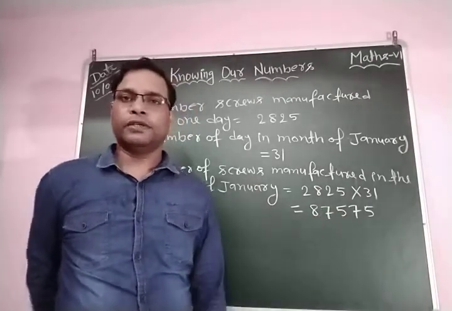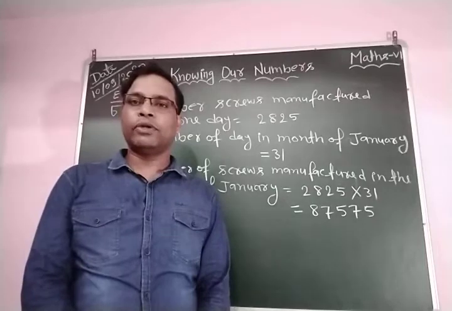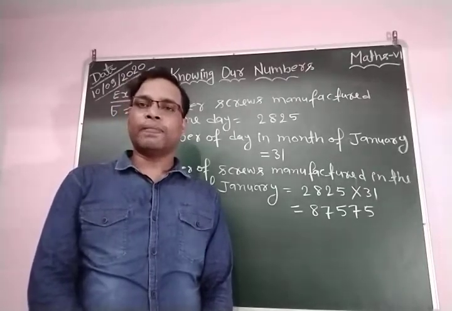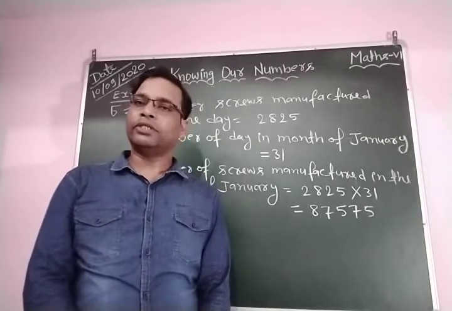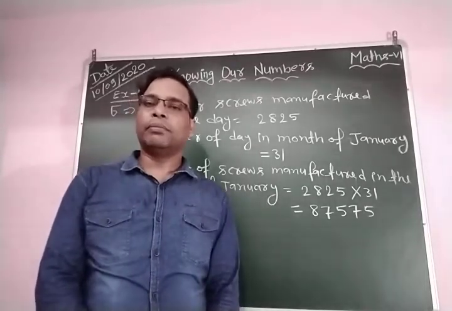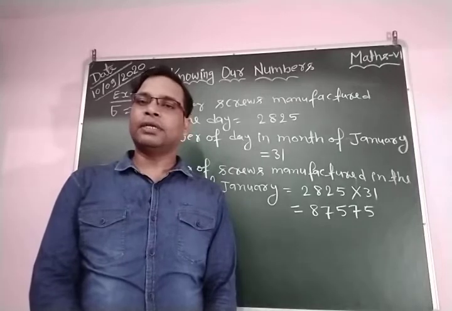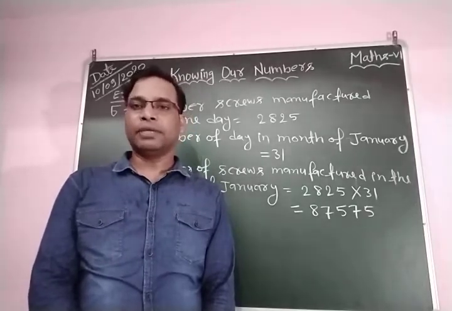Okay, so students, I hope all of you understood this question: how to find the number of screws in the month of January when the number of screws manufactured in one day is given.